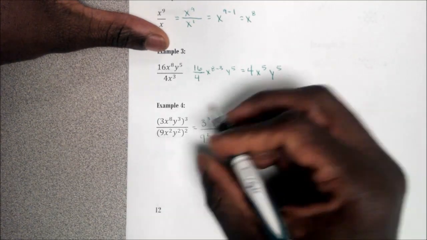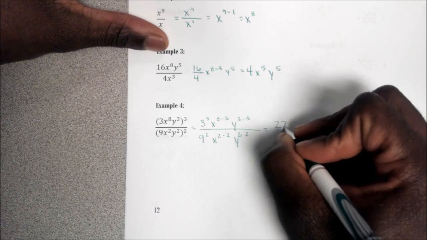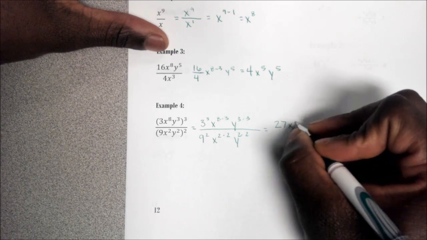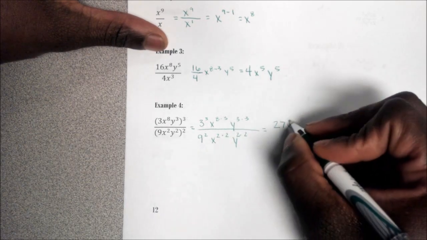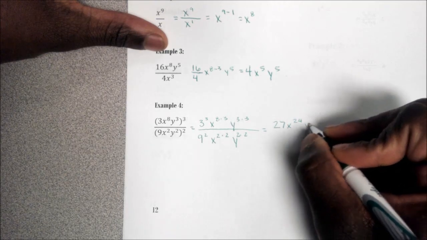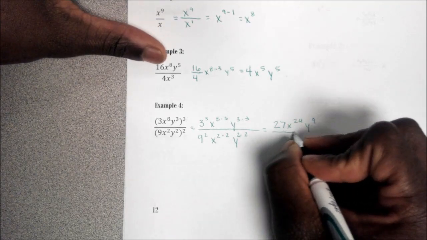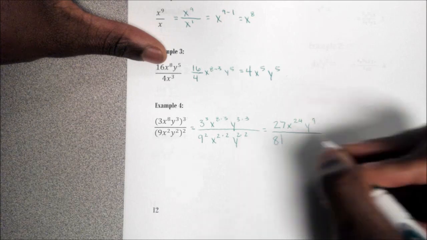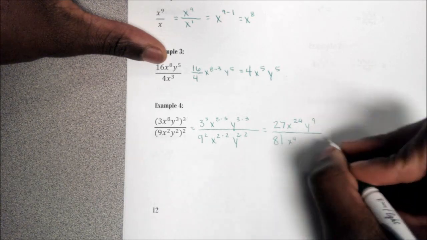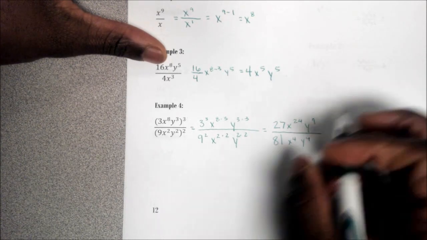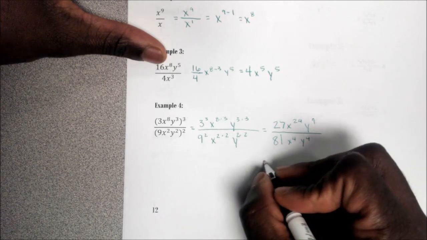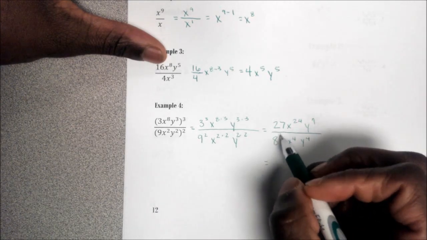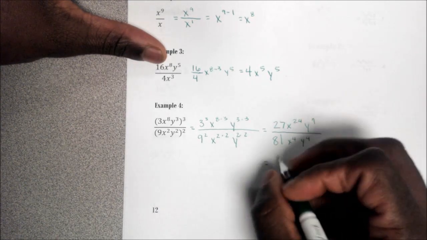Then we simplify that. 3 cubed is 27. x, 8 times 3 is 24. y, 3 times 3 is 9. Over 81. x to the 4th, y to the 4th. And then we can just simplify that. We know, or should know, that these are divisible by 27.